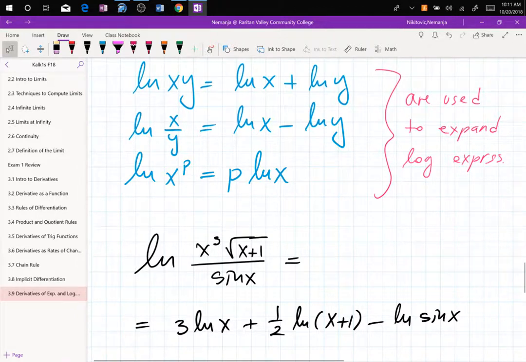Please observe that each of the three groups over here, factors, received its own ln, that all exponents on the argument went in front as 3.5 and nothing over here.